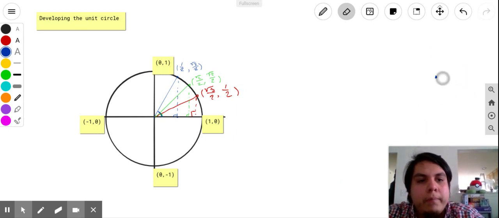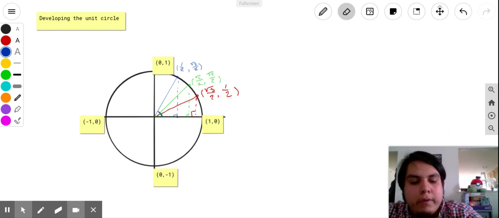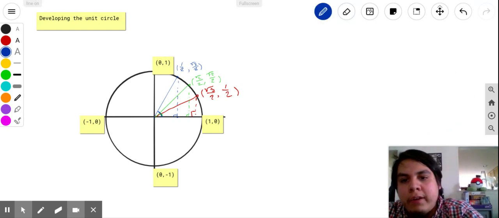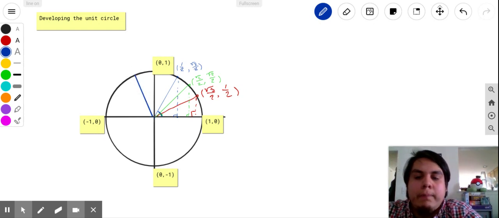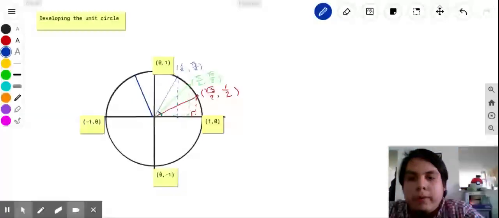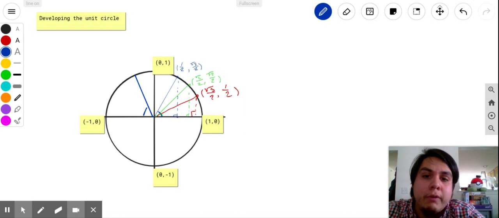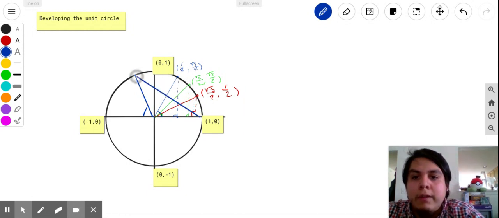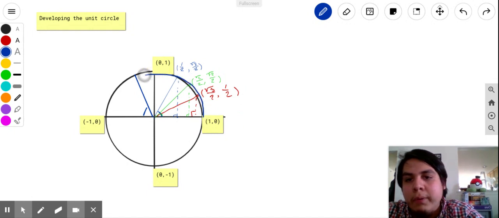All right, so if I have another line over here, and I'm trying to figure out what the actual angle of rotation is from the initial side all the way to this side. Trying to go from this side all the way over here.